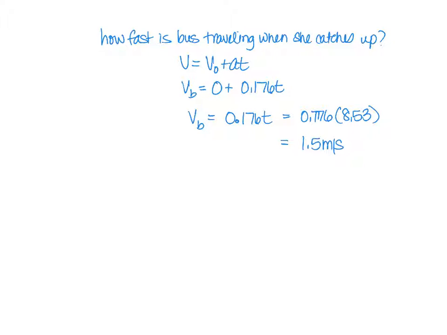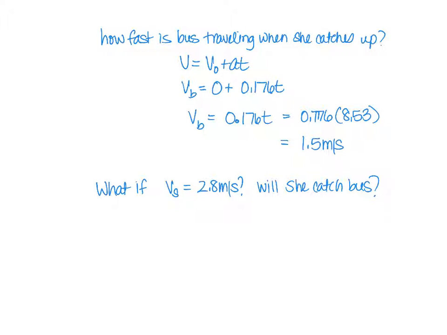Finally, the last question asks, what if the velocity of the student is 2.8 meters per second? Will she catch the bus?